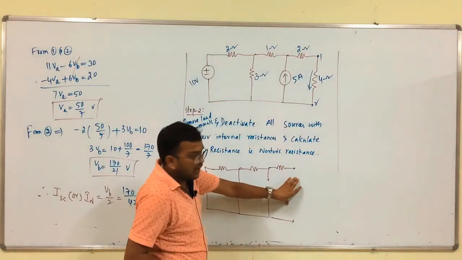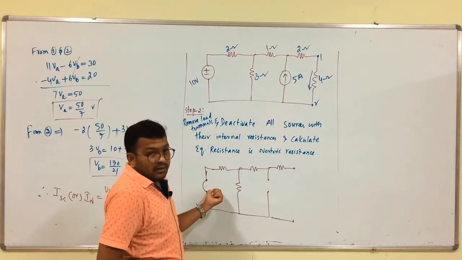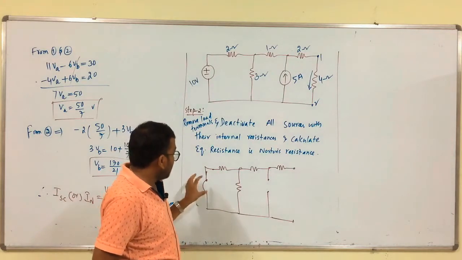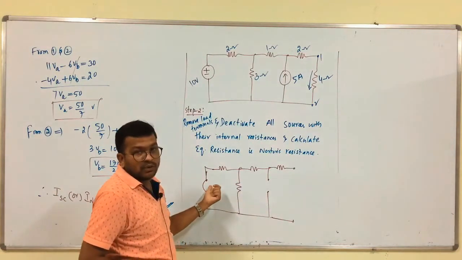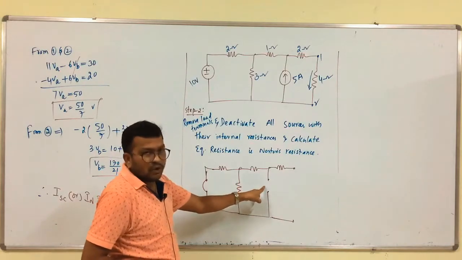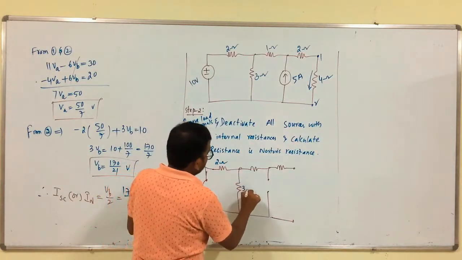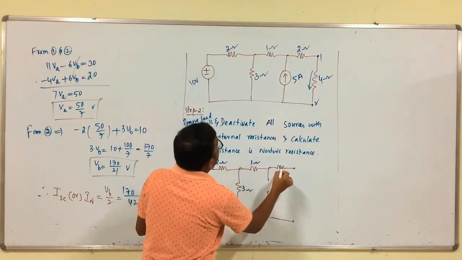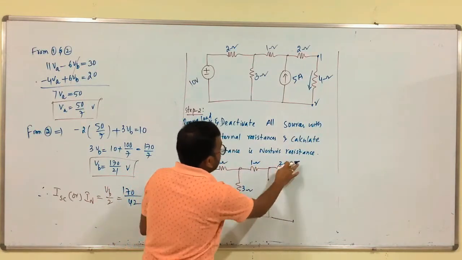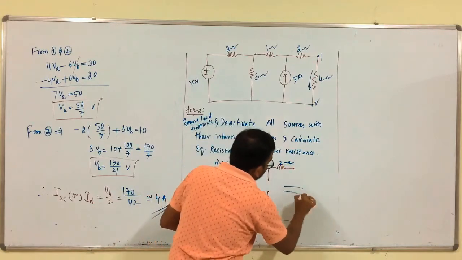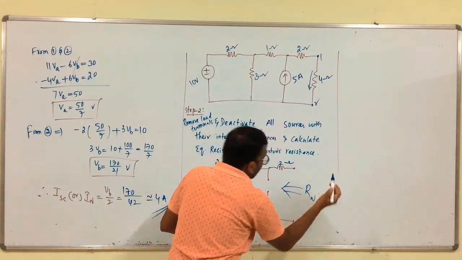So, remove load terminals and replace the constant sources with their internal resistances. So, voltage source by short circuit, current source by open circuit. This is 2 ohms, this is 3 ohms, this is 1 ohm and this is 2. So, with respect to these two terminals, that is R n, we have to calculate.